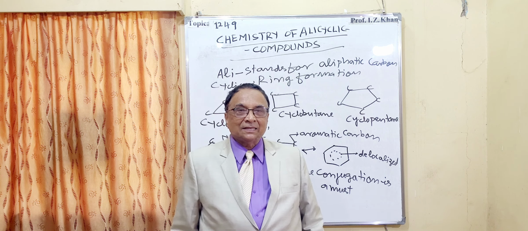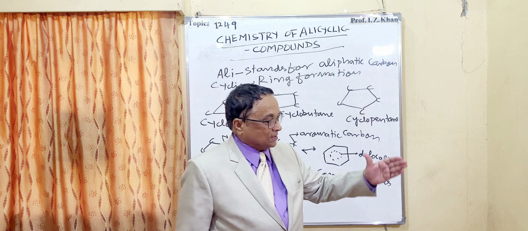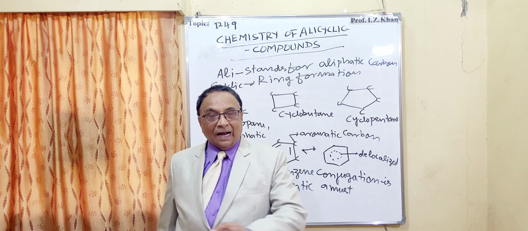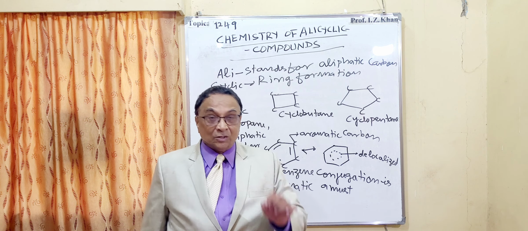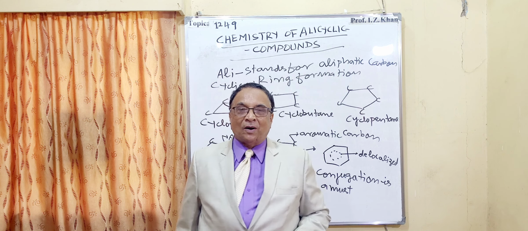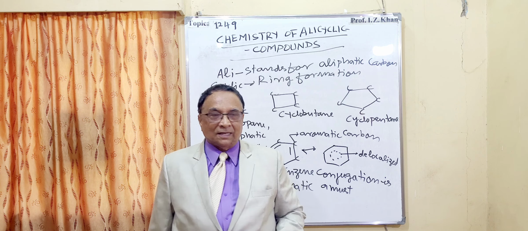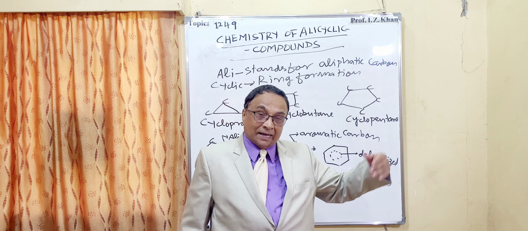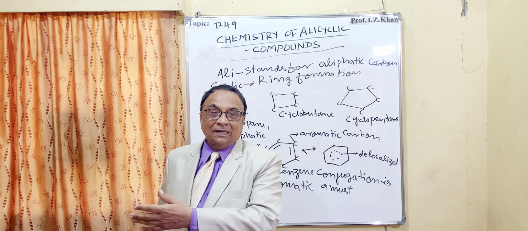In one case, there will be alternate double and single bond. Double bond, single bond, double bond, single bond. That alternate double and single bond is called conjugation. Second condition of double bond is that isolated double bond. One double bond is there, after that 2-3 single bond, then again one double bond, then again 2 single bond, and then again 3 double bond.